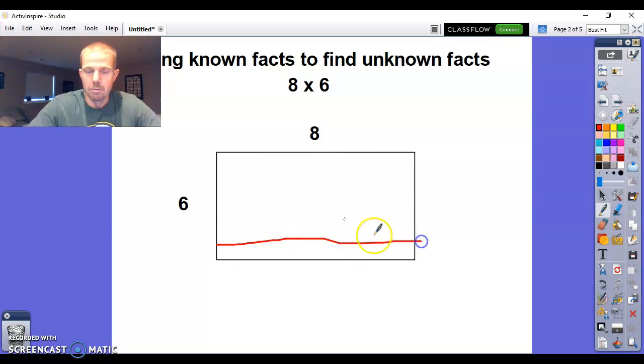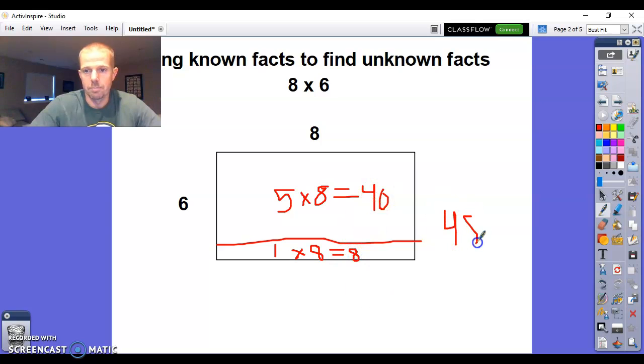Well, 5 is much easier to multiply by than 6 is. So we could do 5 times 8 to get us to 40. And then 1 times 8 equals 8. And then add the two together to get 48.